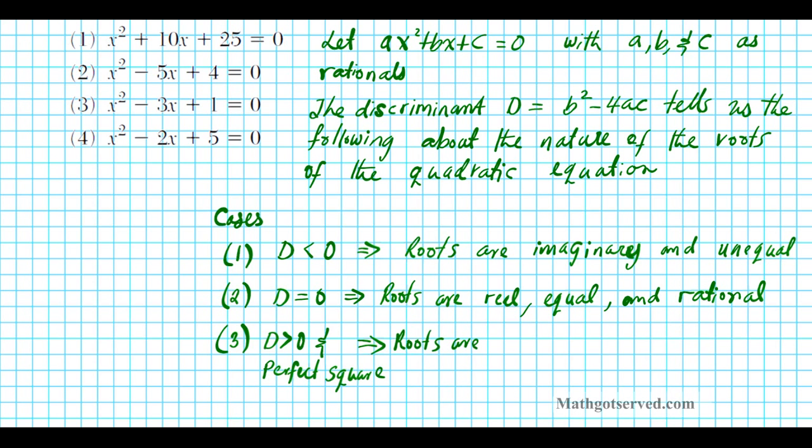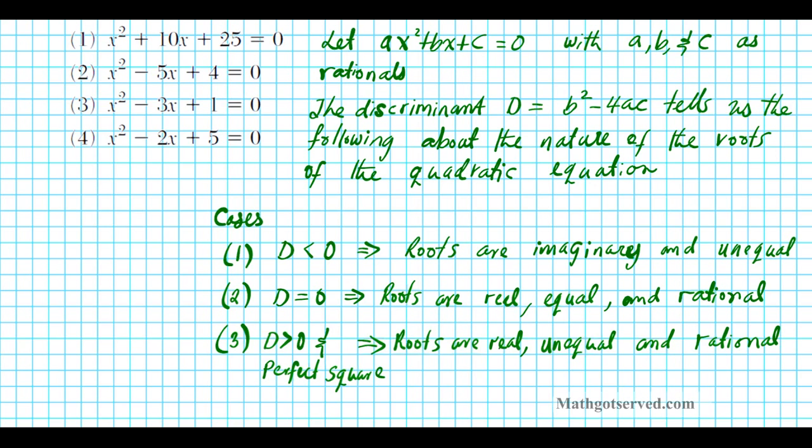If the discriminant is 0 or greater, it's always going to be real, okay? Because you're taking the square root of either 0 or a positive number. The roots are going to be real, they're going to be unequal, and guess what? And rational, okay?